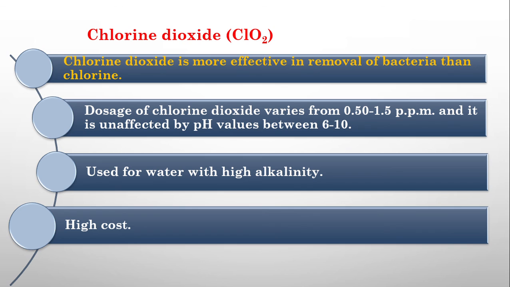Its dosage is 0.5 to 1.5 ppm, and it will affect the bacteria effectively between the pH of 6 to 10, and it is used for water with high alkalinity, but it has a very high cost. It is also used as an effective disinfectant. So this is about disinfection. Thank you.